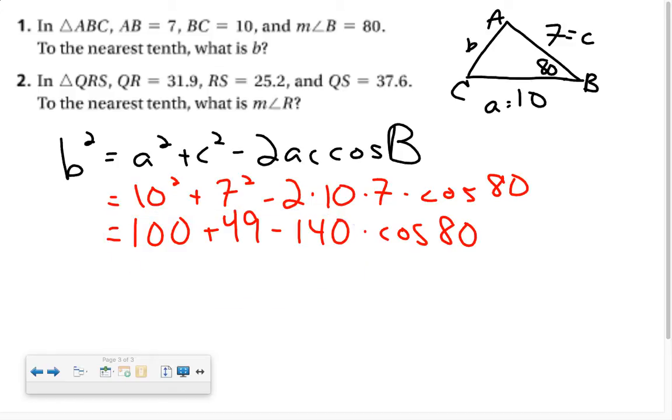Okay, so I've got 149 minus 140 times the cosine of 80. At this point, you should be able to type everything directly into your calculator.